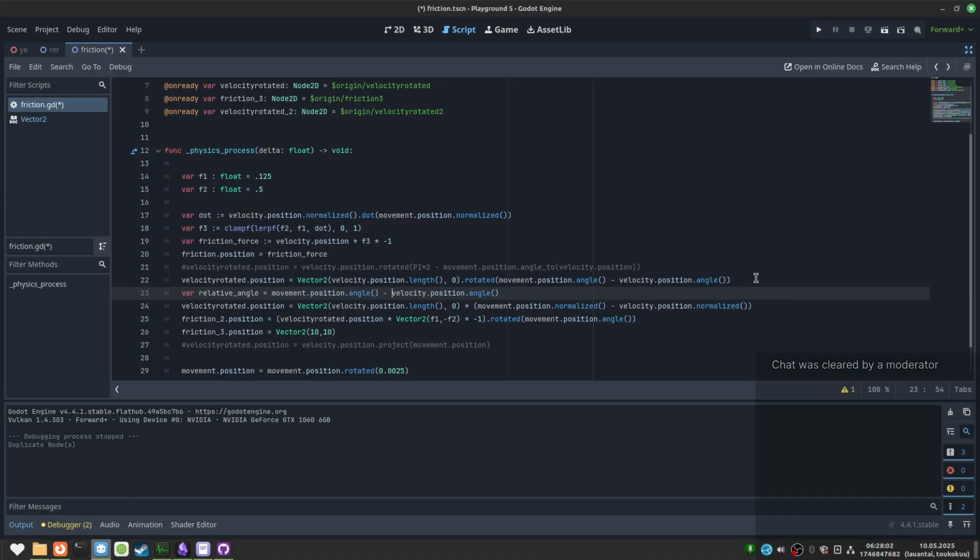You can tell that I want to type Rust when I'm typing let instead of R. Anyway, relative angle. And then we want to construct a vector from this. We use sin and cos.